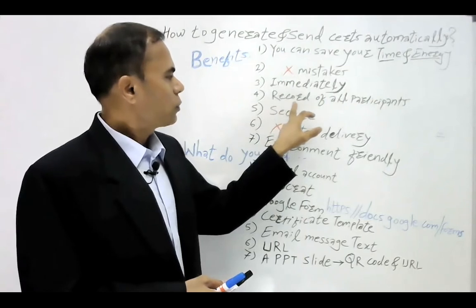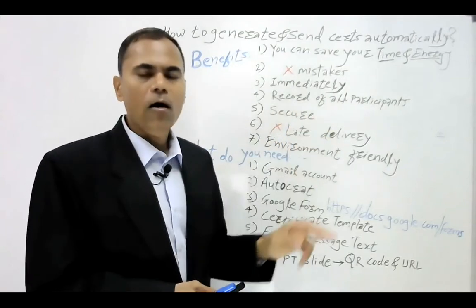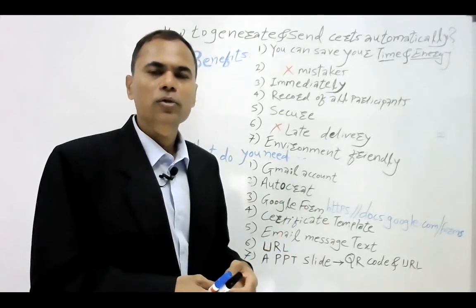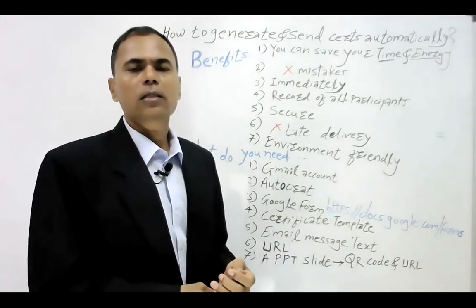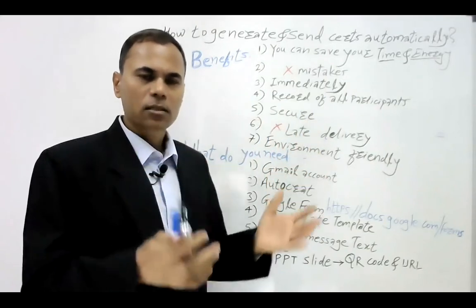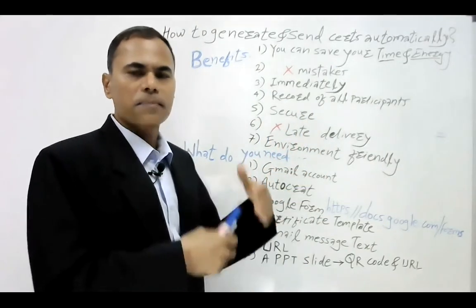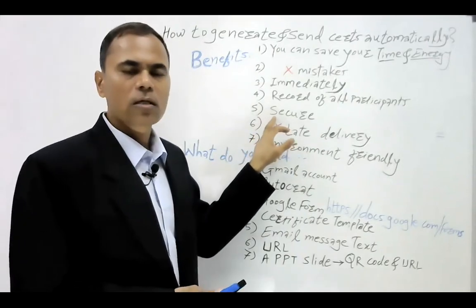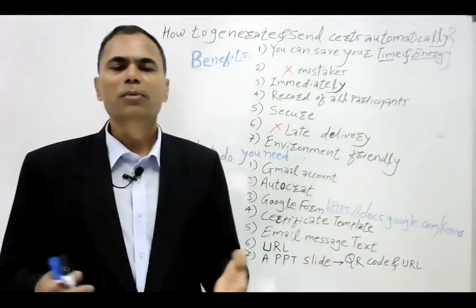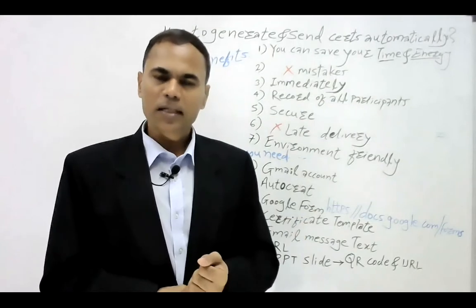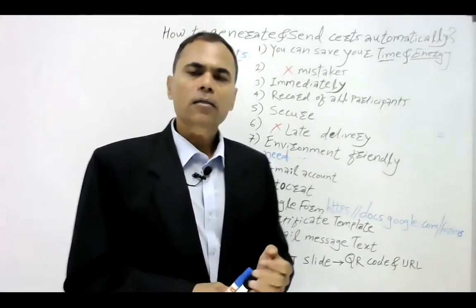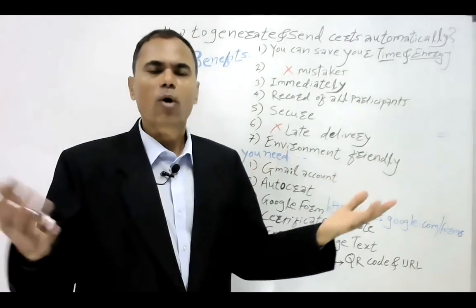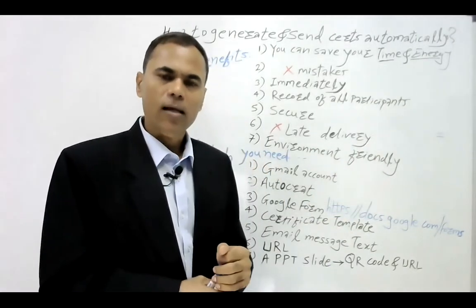Then you will have a record of all the participants, those who have provided the feedback and those who have received the e-certificate. So it will be arranged systematically in a spreadsheet. Then this method is also secure because there is no risk of the misplacement of the certificate, and certificate directly goes in the inbox of the participant's email.